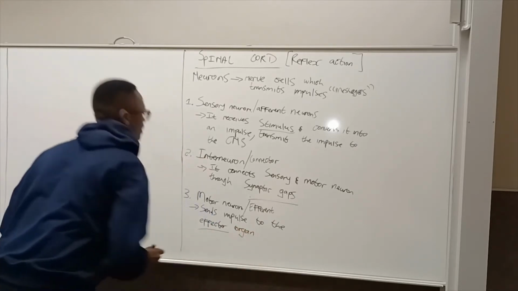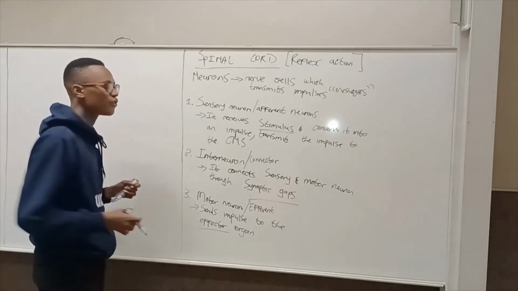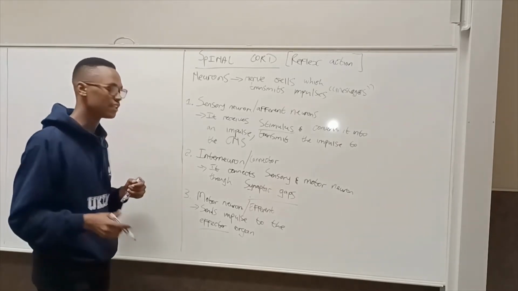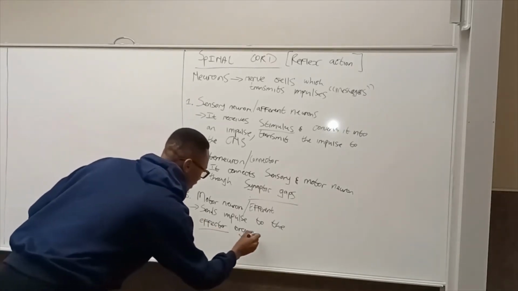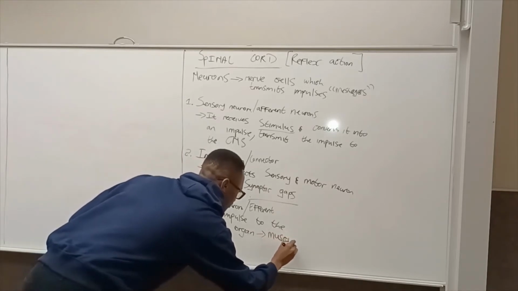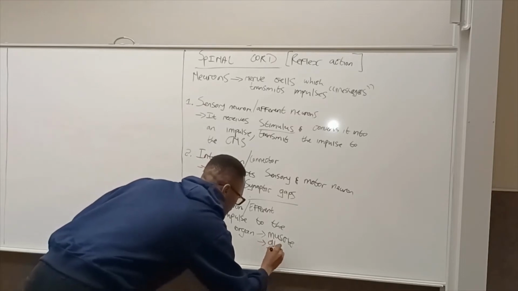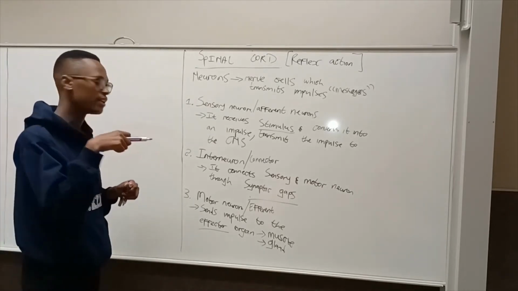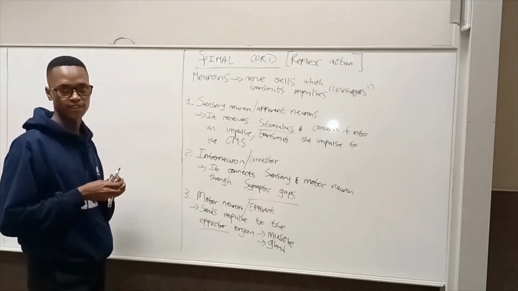So what is an effector organ? An effector organ is any organ in the body that is going to make it possible for you to respond to the stimulus. It can be a muscle, it can be a gland, or maybe the hand, any part of your body that is going to respond to an action, we call an effector organ.